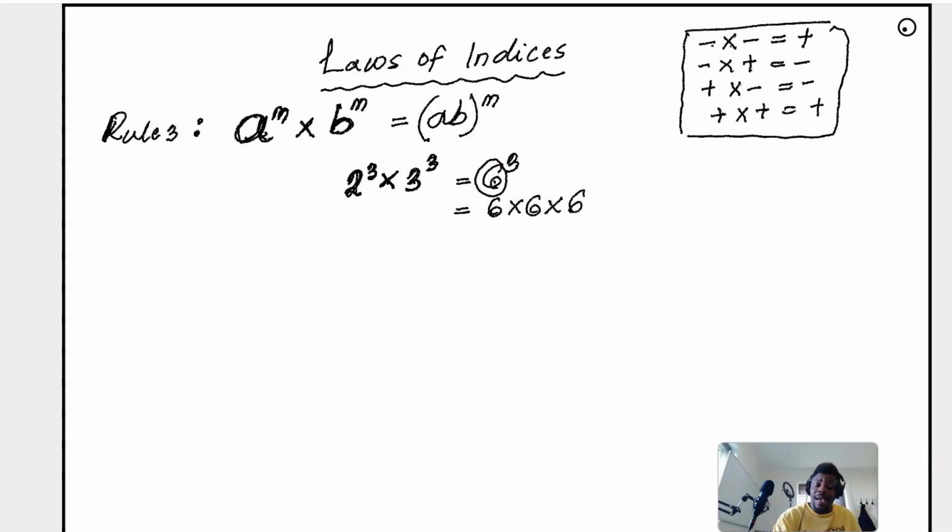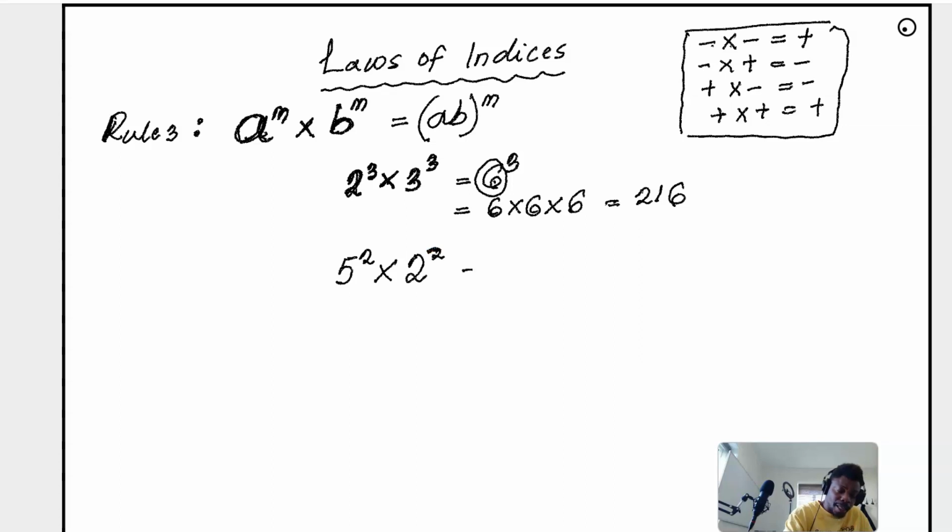And if I press my calculator, saying 6 raised power 3, I'm going to have 216.